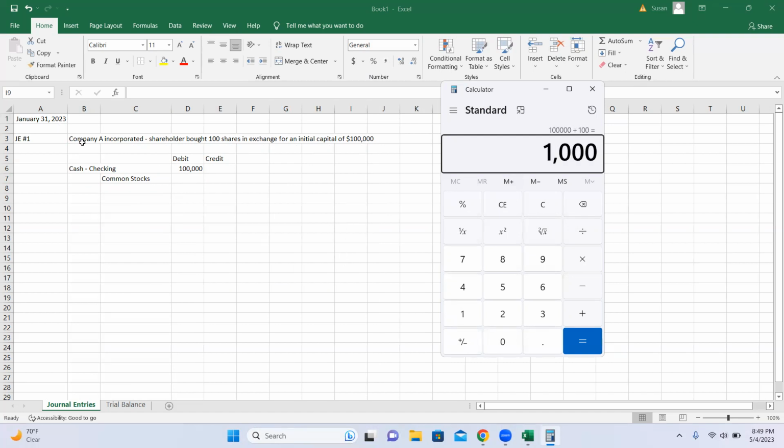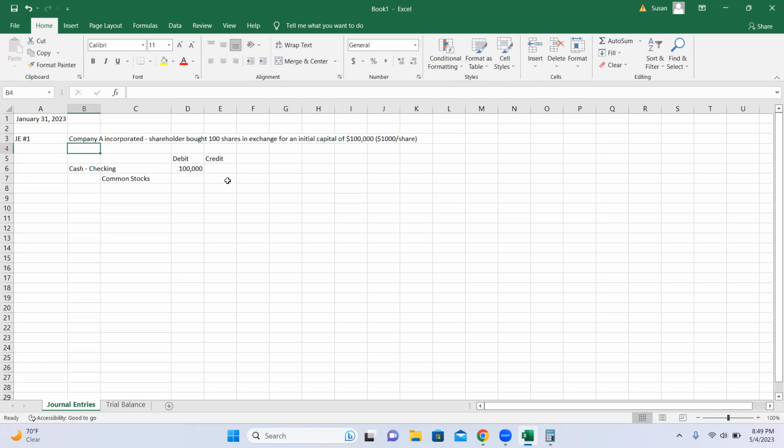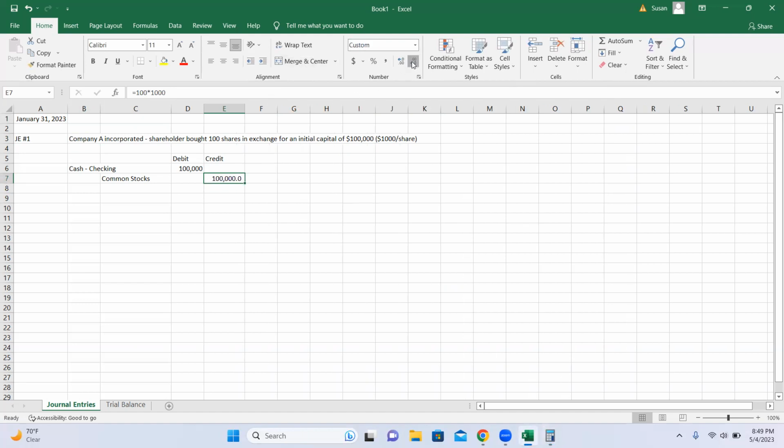So the shares are worth $1,000 per share. So then you can do equals 100 shares times $1,000 a share. So then you have the equivalent of $100,000 in common stock.